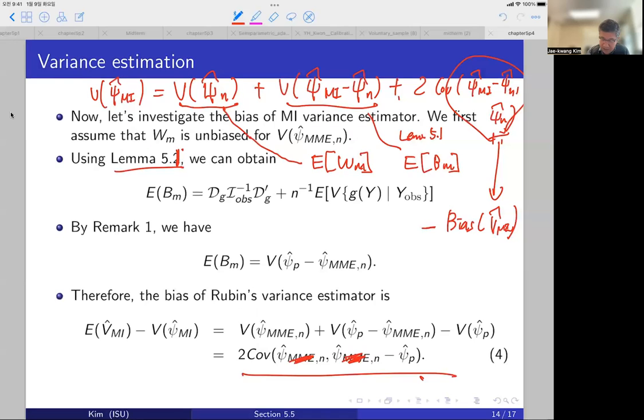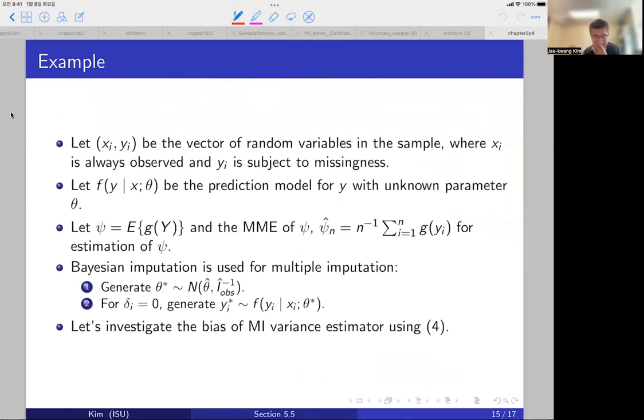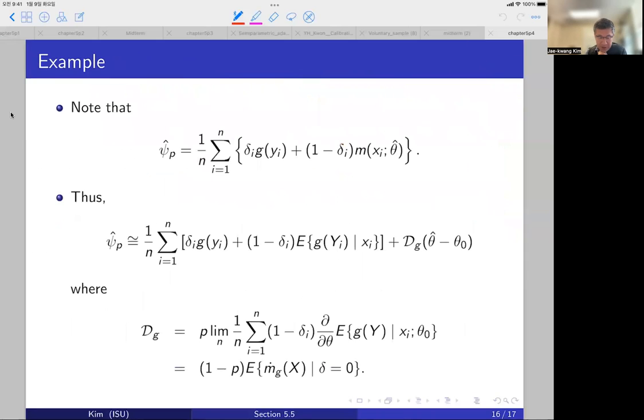Now let's see how this variance bias term shows up in a simple example. We have a regression model, and generally theta, the same thing, and we have MAR. The eta hat P is the best predictor, which can be written like this.